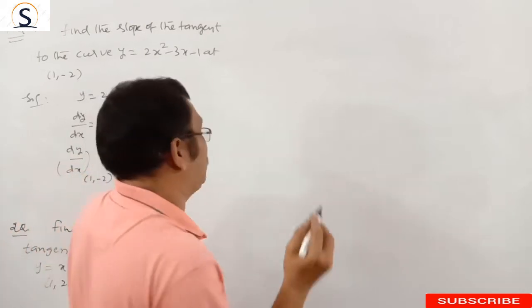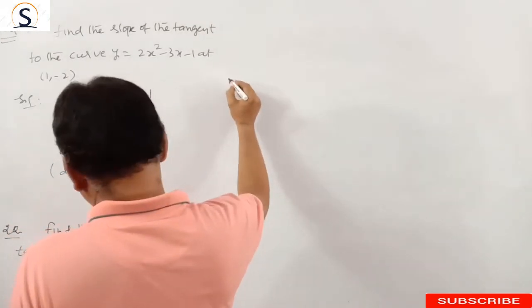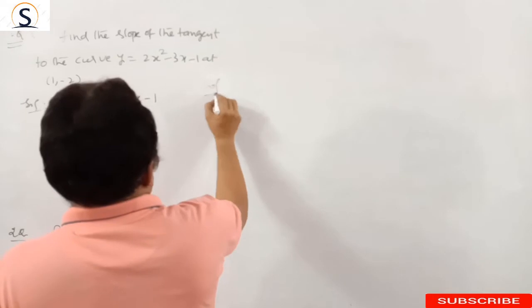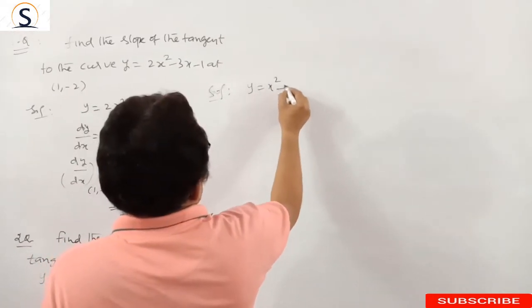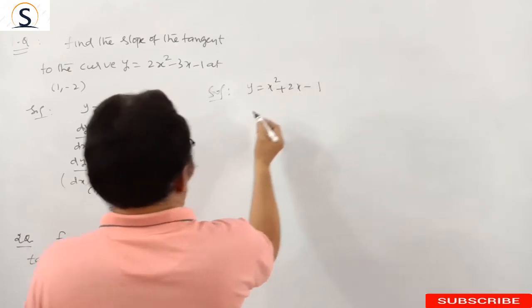So to find the tangent equation, again dy by dx. Here the solution is y is equal to x square plus 2x minus 1.